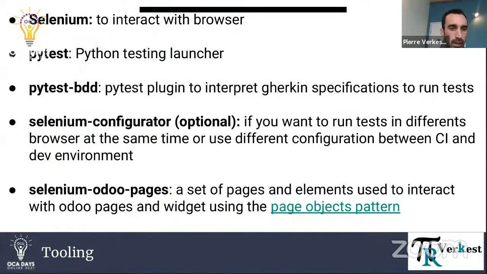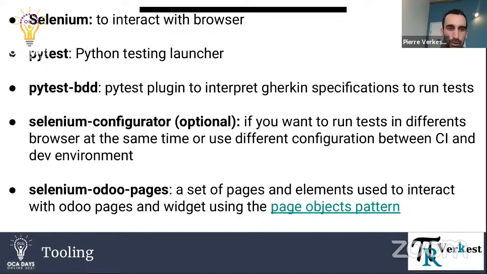So what we have behind, I already spoke a bit. Selenium to interact with the browser. PyTest to launch the test. PyTest BDD to interpret Gherkin language and use each given as a PyTest feature.